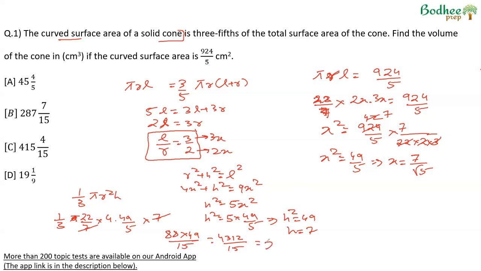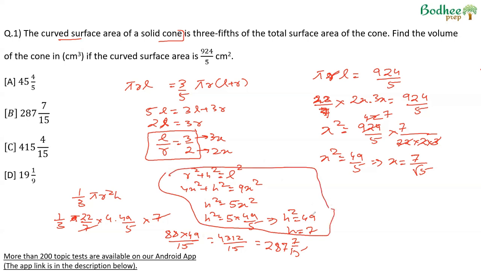So 15 twos are 30, 131. 8s are 120, 111. 7s are 105, 112. The answer comes to 287 and 7 by 15. This is a different calculation.